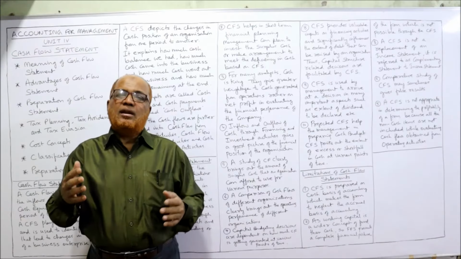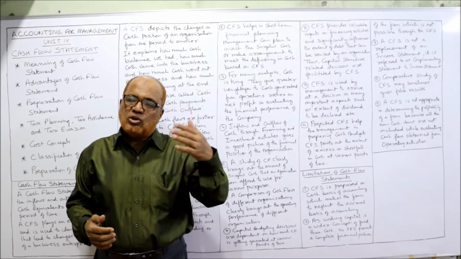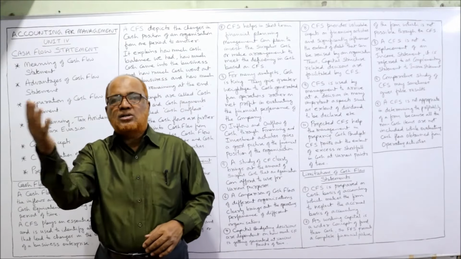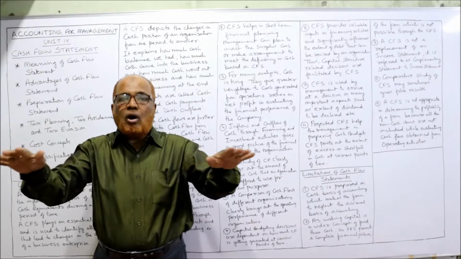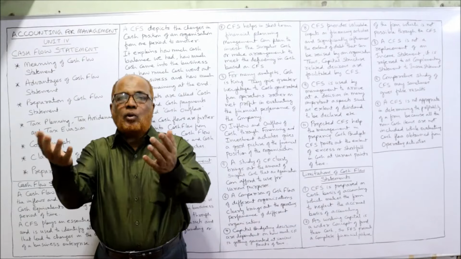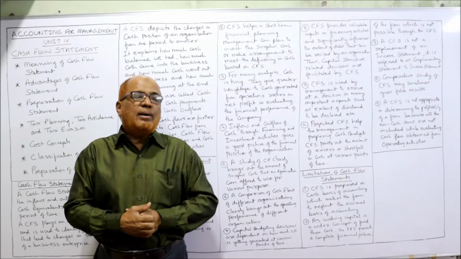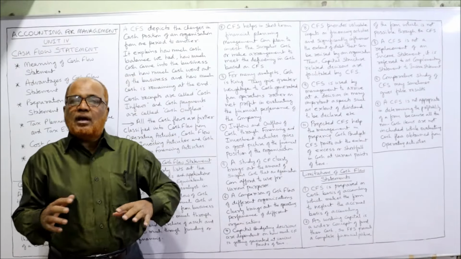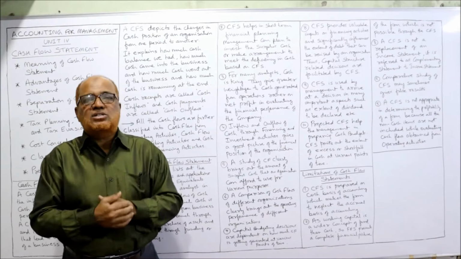Like the funds can be raised by issuing equity shares. The funds can be raised by issuing preference shares or debentures or bank loan or public deposits. So many options are available to procure, to raise the funds. That is called financing. So by making this cash flow statement, we can analyze the financing decisions.